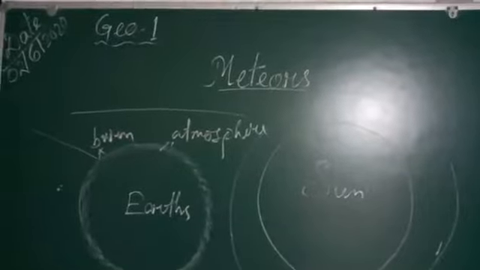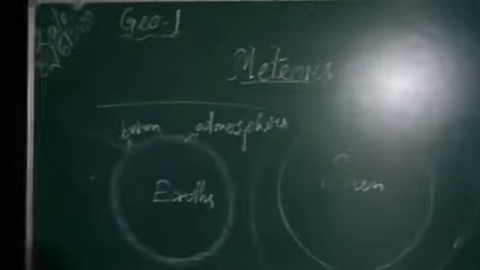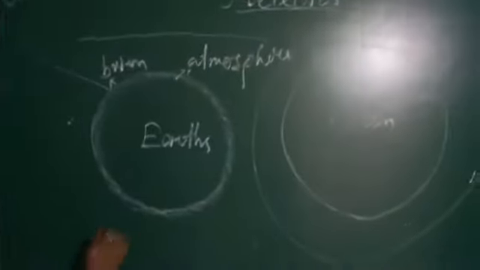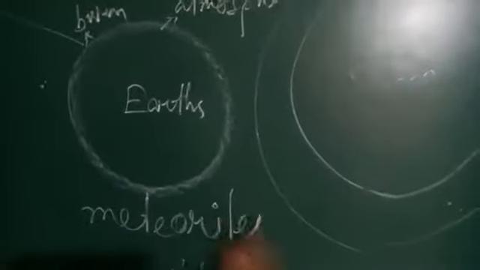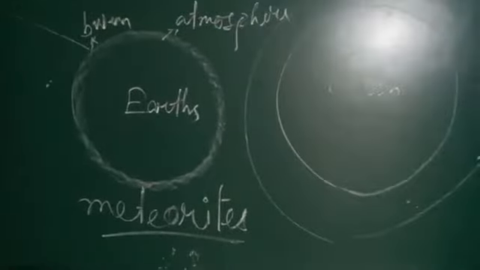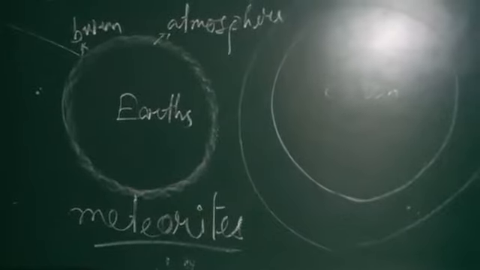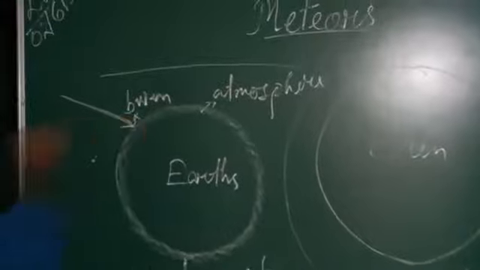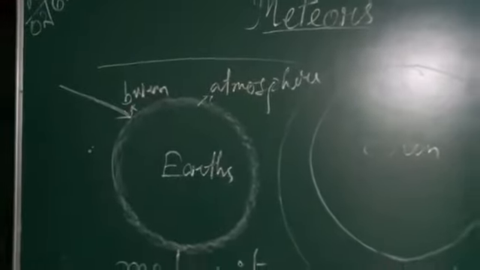They hit the surface of the Earth and are called meteorites. That means when they hit the surface of the Earth, they are called meteorites.